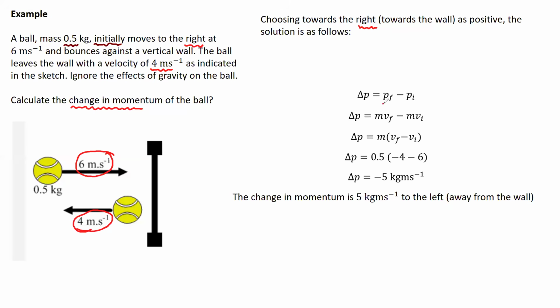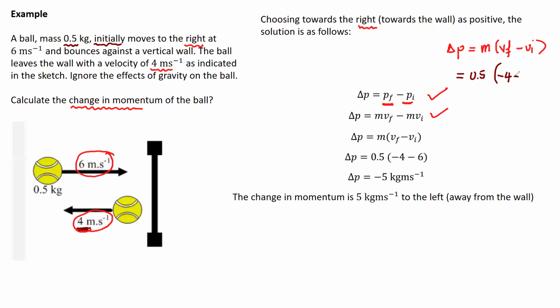Change in momentum, you don't have to write all of this in the exam. You can just simply write it like this. Change in momentum is m(vf minus vi). Follow my line of thinking. So the mass does not change, 0.5, but the final velocity, 4 meters per second, is negative. Why is it negative? Because it's moving to the left.